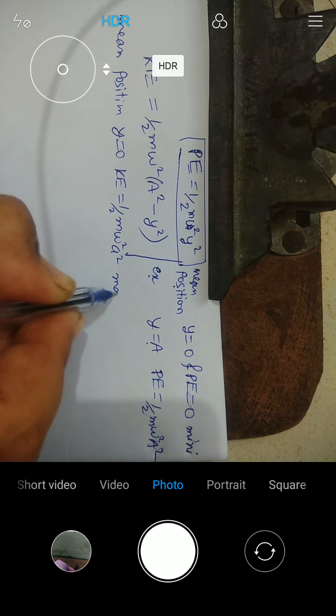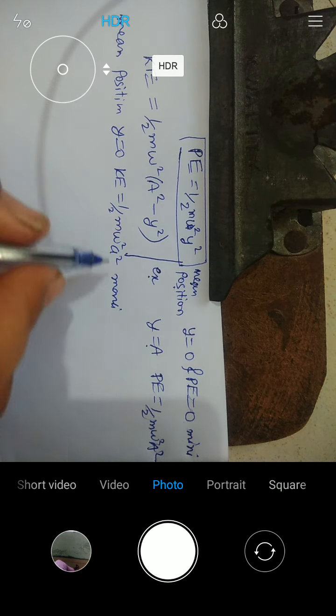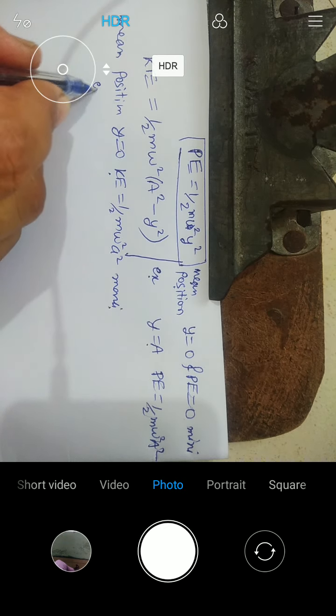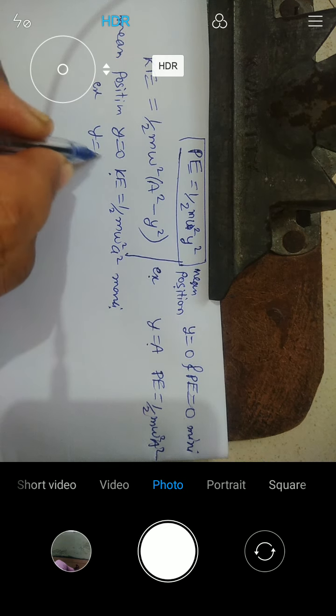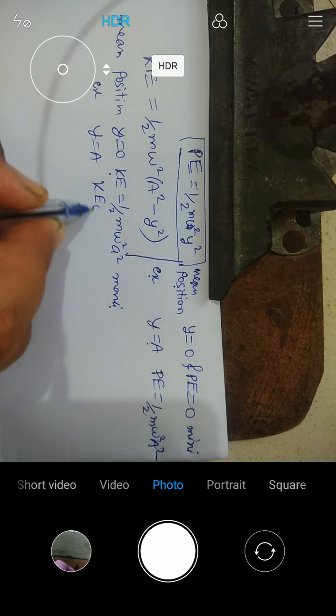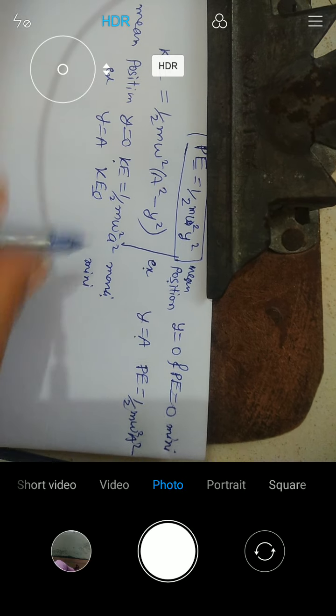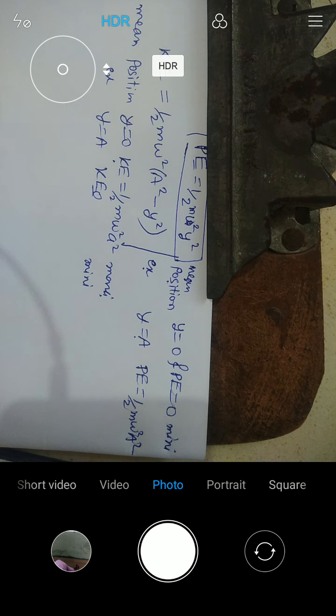It is maximum. At the mean position kinetic energy is maximum, and at the extreme position y is equal to a and kinetic energy is equal to 0. That is minimum. So remember two main things: at the mean position potential energy is minimum but kinetic energy is maximum. At the extreme position potential energy is maximum and kinetic energy is 0.